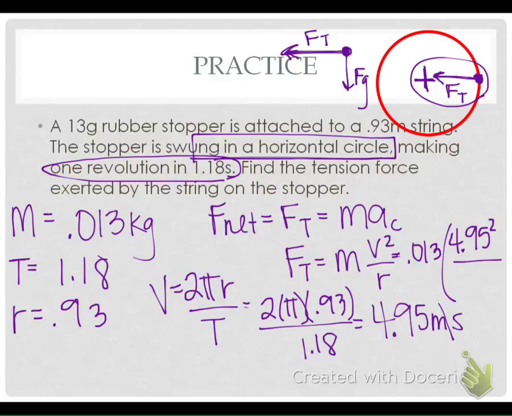R, good. R, which is 0.93. That gives 0.34, good. So if this is our acceleration, what should our units be? Meters per second squared, good.